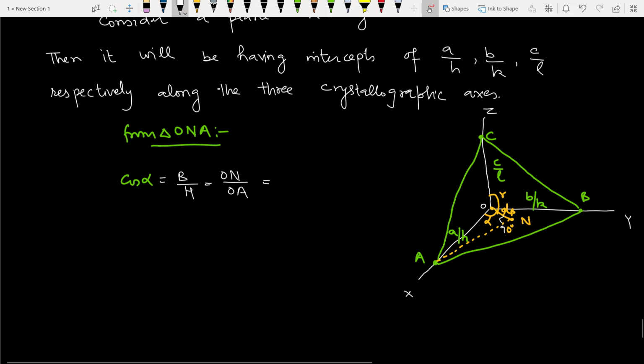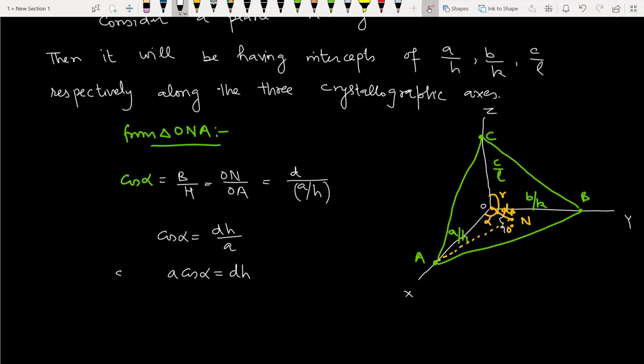This is a 3D diagram. So it is d divided by a by h. So cos alpha is equal to dh divided by a. Similarly, you can also write a cos alpha equal to dh, b cos beta equal to dk, and c cos gamma equal to dl.